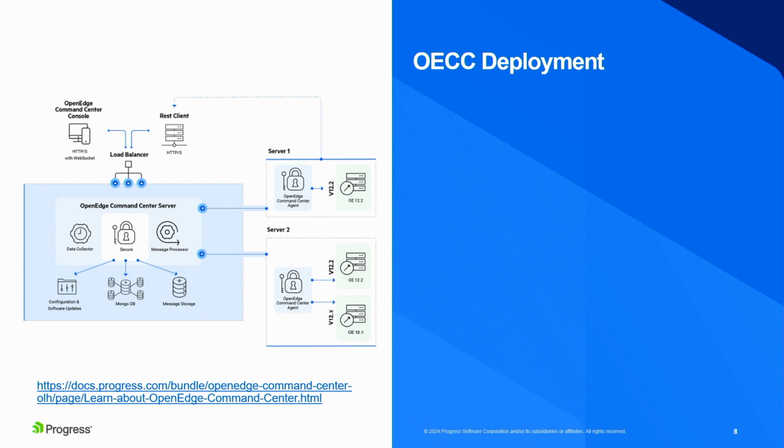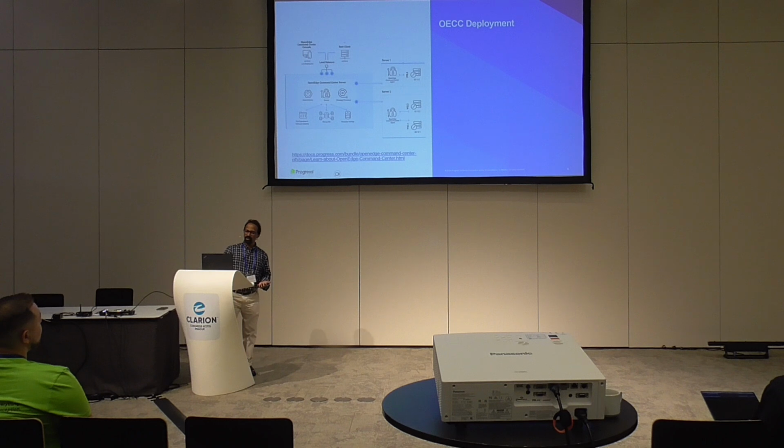This shows the architectural diagram of OpenEdge Command Center, the deployment phase. This whole box indicates the OpenEdge Command Center server. You have MongoDB sitting here, and on the right-hand side, you have typical servers where PASOE and database are running.